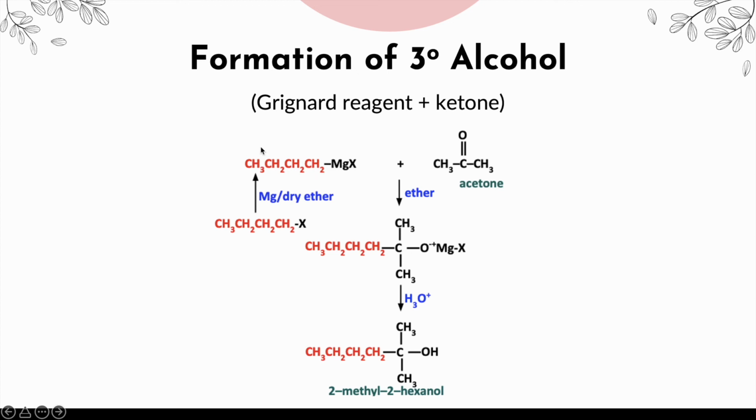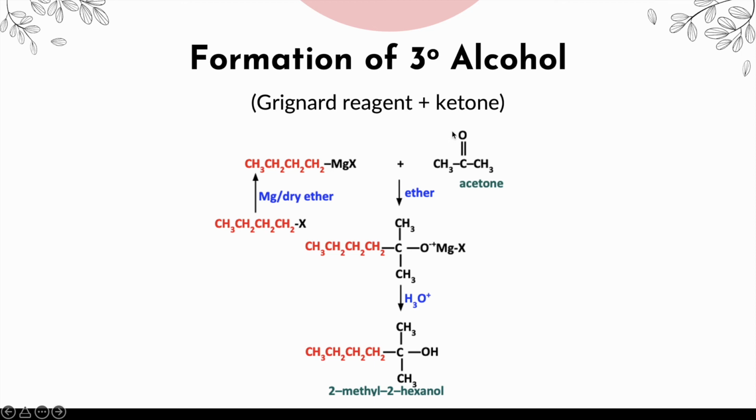Example over here we have Grignard reagent. This is Grignard reagent reacts with ketone, and the R group over here attached to this carbon, so this is the single bond attached, and then the MgX delta plus will react with O minus here. Why O minus?